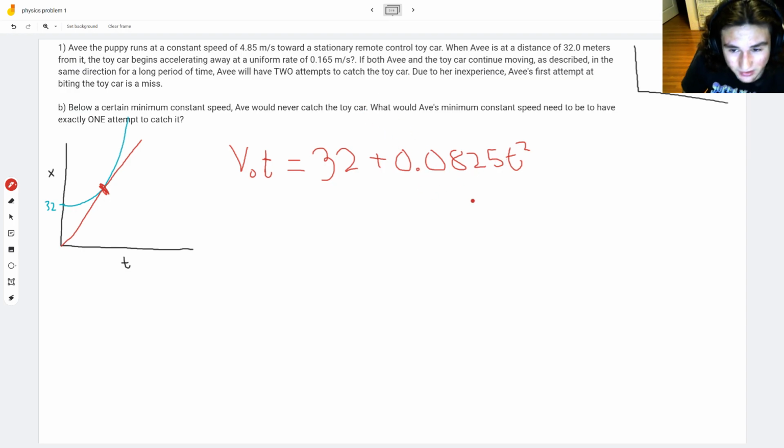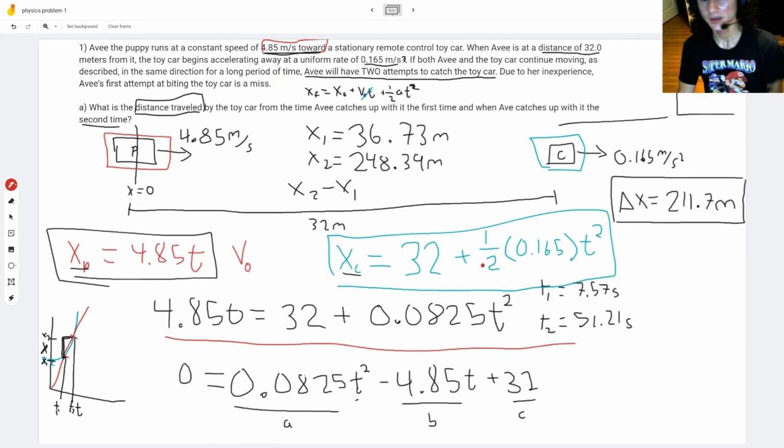In this equation, the 32 meters is still the same. The acceleration of the car is still the same. So that's why we're just maintaining this side of the equation.